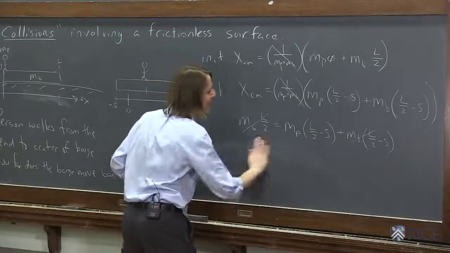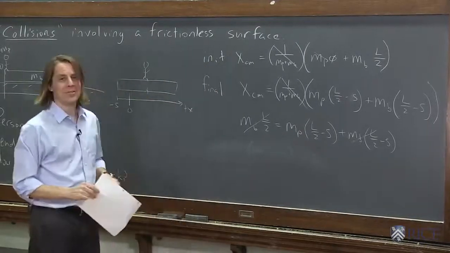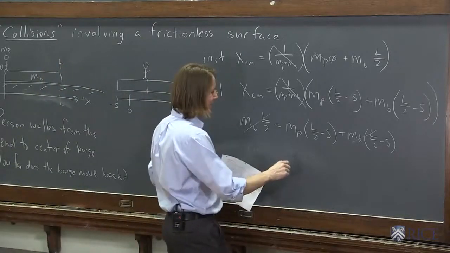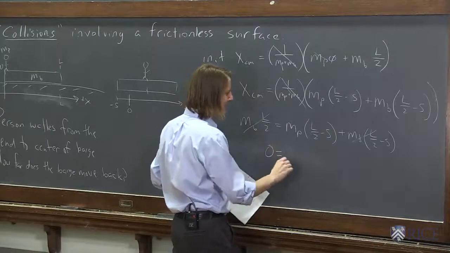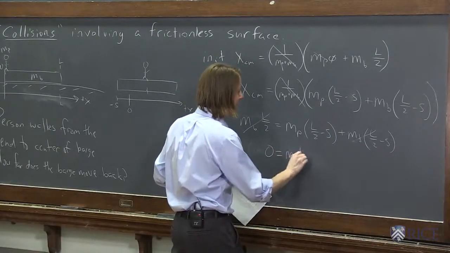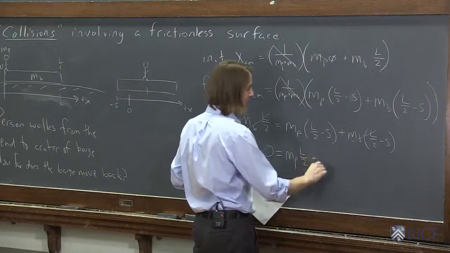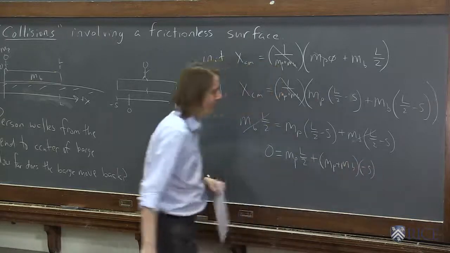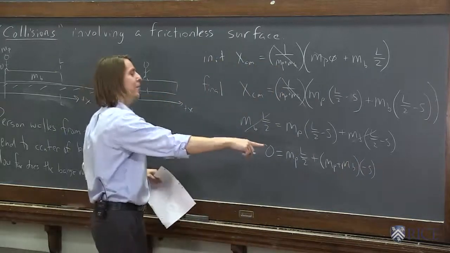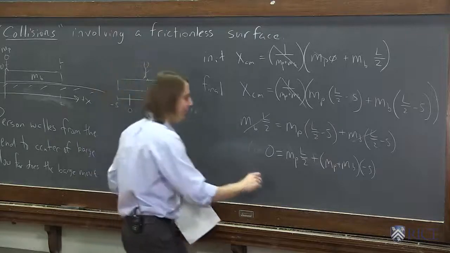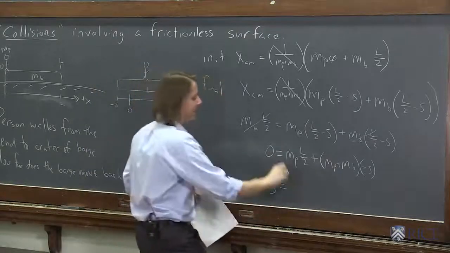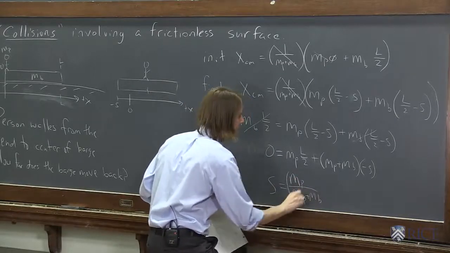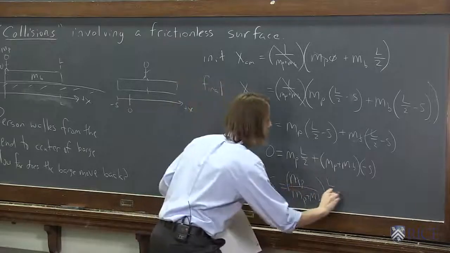Let's say 0 is equal to mp times L over 2 minus mp plus mb times s. Let's bring that over here and then divide and solve for s. And what you get is mp over mp plus mb times L over 2.